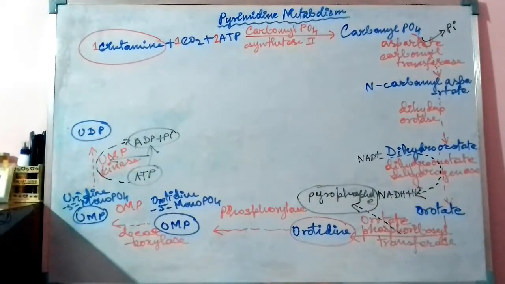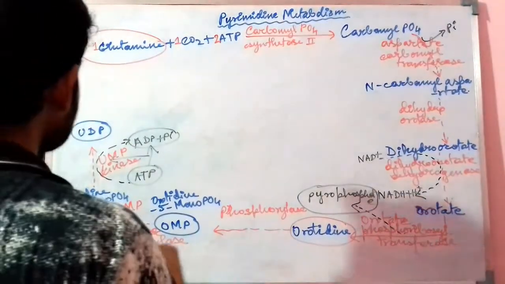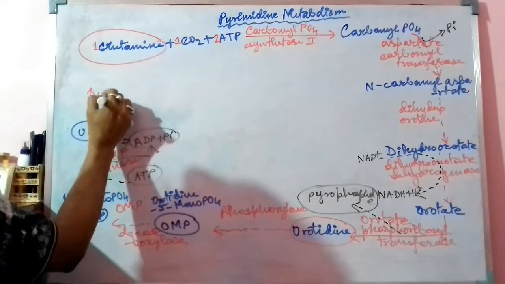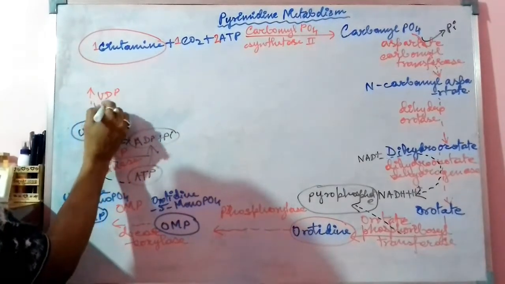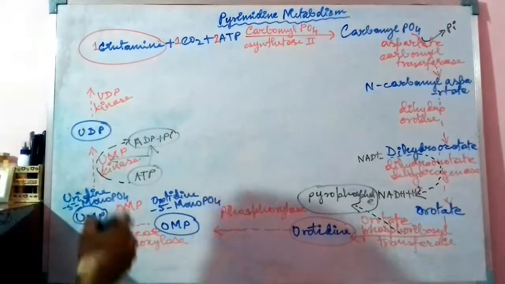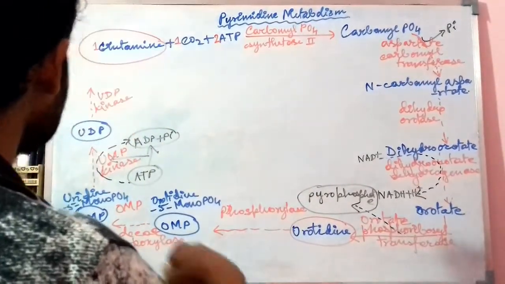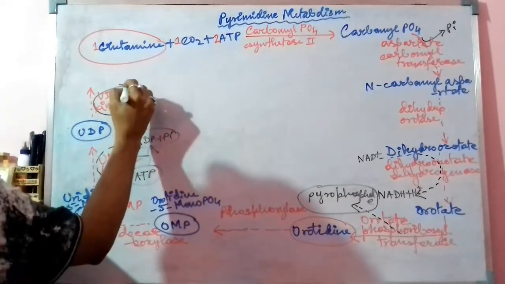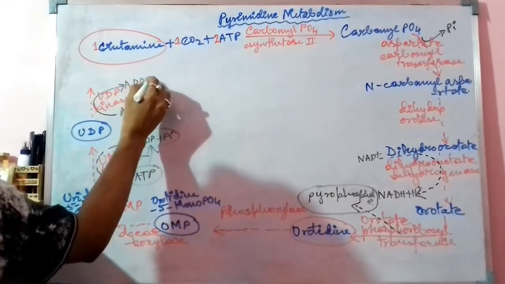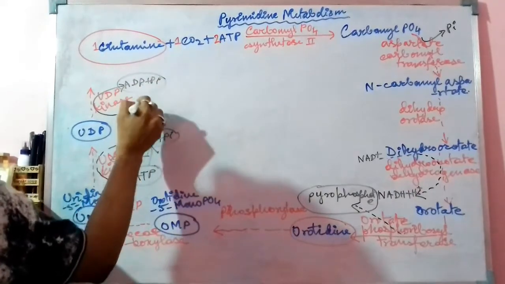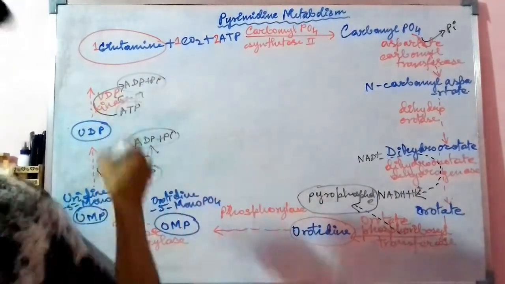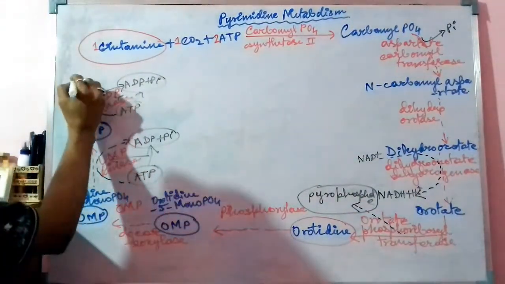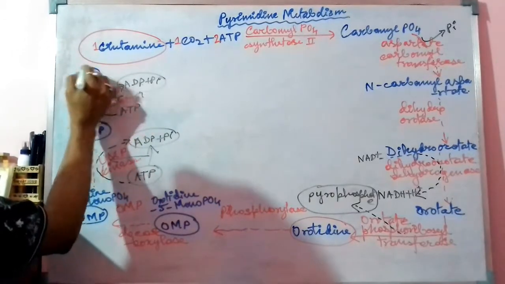Now this uridine diphosphate, in the presence of again the same procedure, UDP kinase, and with the conversion of ATP to ADP plus Pi, forms uridine 5 triphosphate.